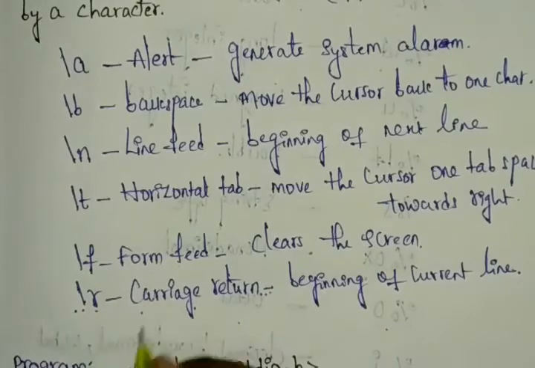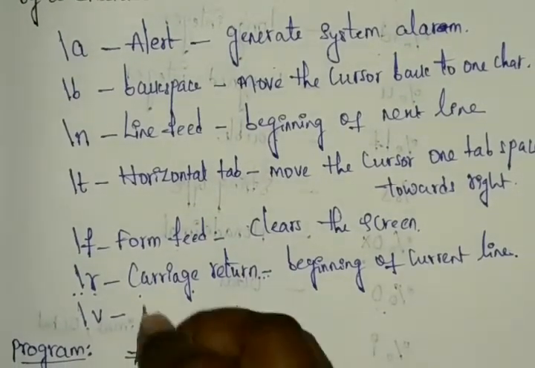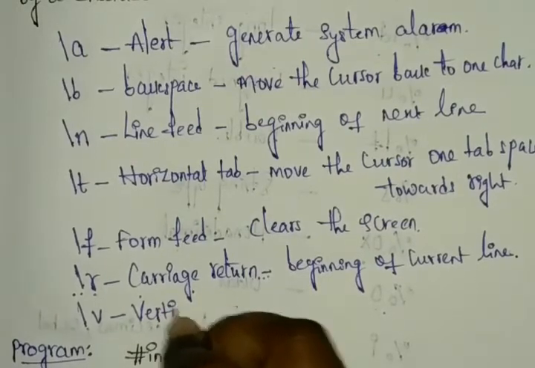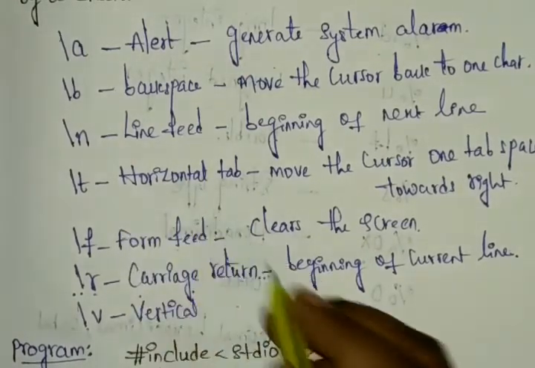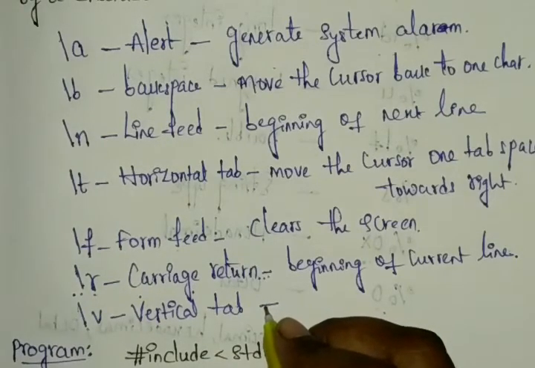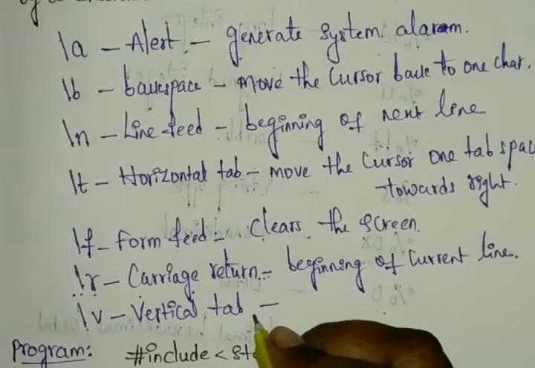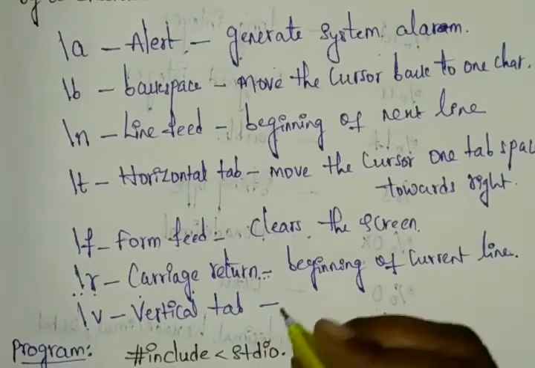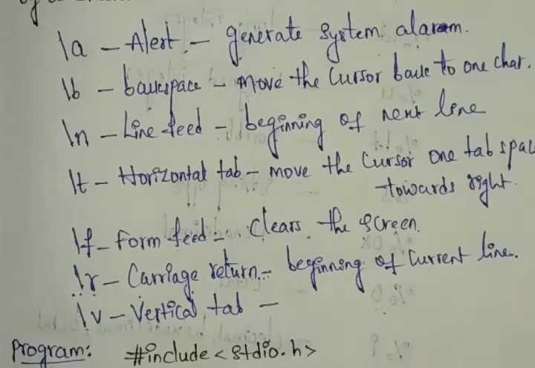And next here we have the slash v. So this slash v performs like a vertical tab. Already we discussed the horizontal tab, right? Now we have the vertical tab. It moves our cursor to the beginning of the line and then to the next vertical tabulation position. Means here it moves to the next line.